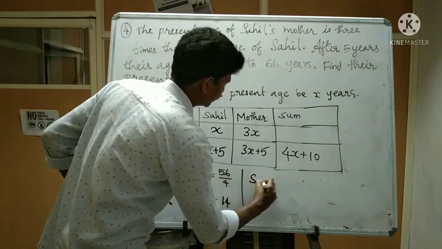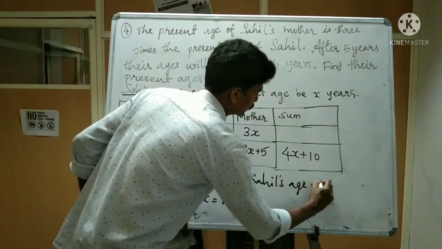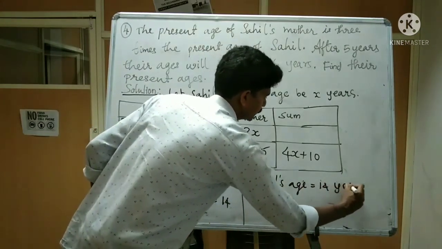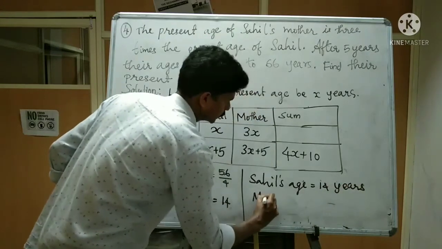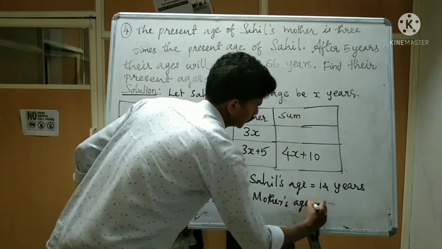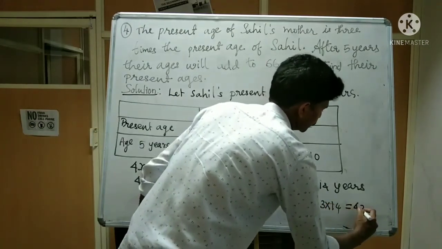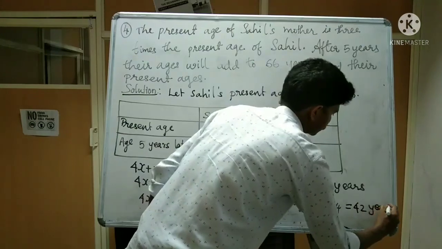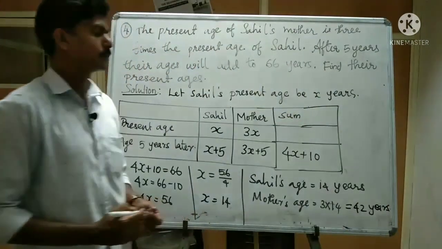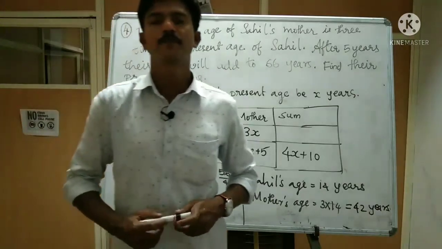We can write the final answer as Sahil's age is 14 years and his mother's age is 3 times 14. When we multiply, we get 42 years. Hope you understood. Thank you for watching this video.